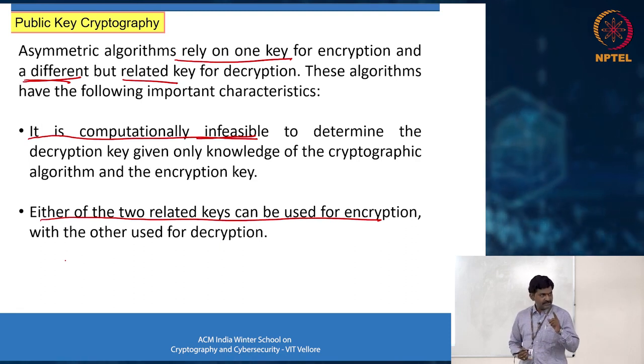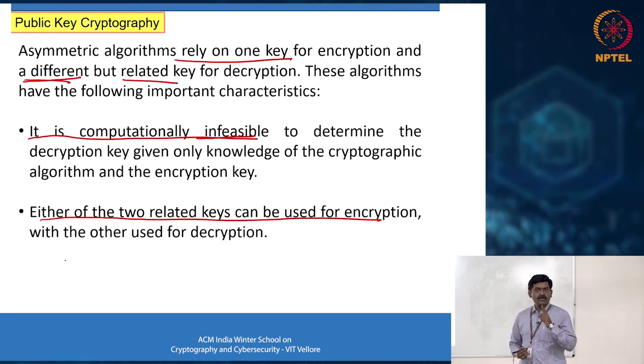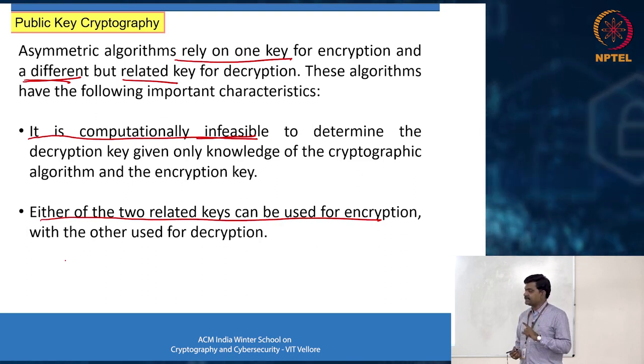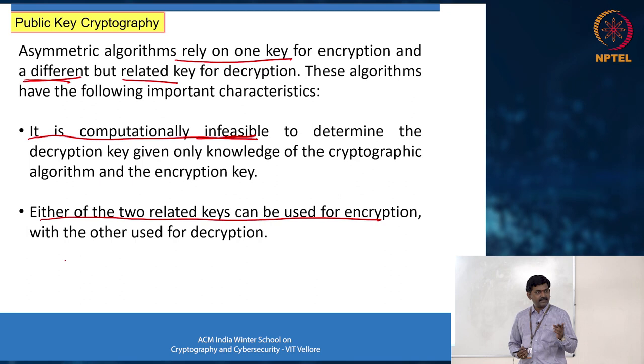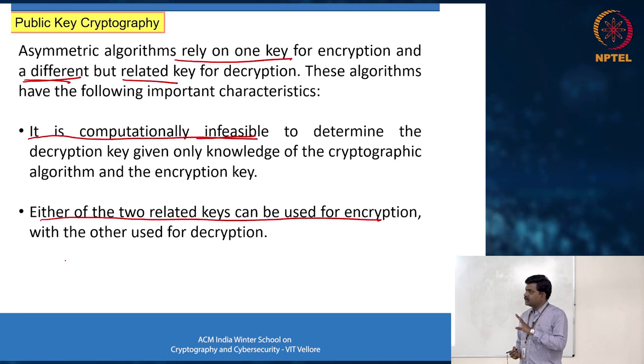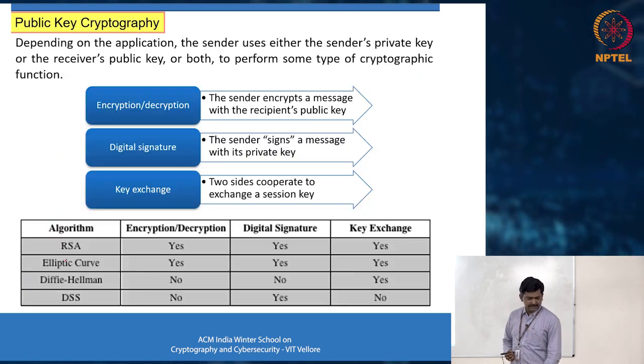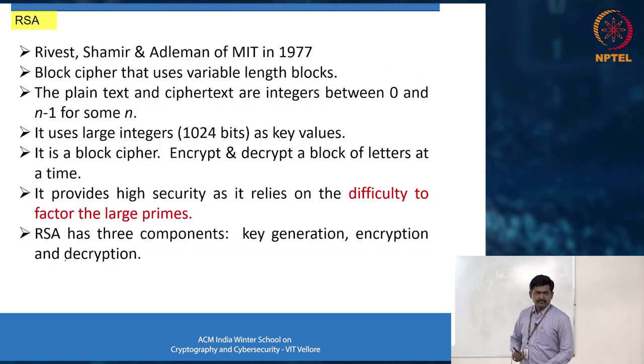In the first scenario, we used the public key for encryption and the private key for decryption. And in the second scenario, the private key is used for encryption and the public key for decryption. So we should be able to use them in whichever way we want, right? These are the important characteristics.